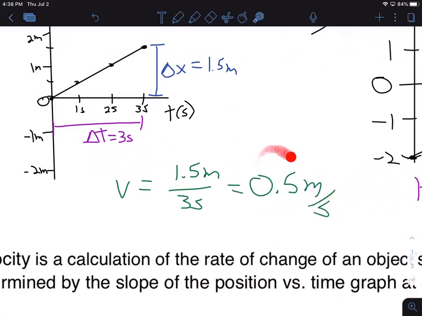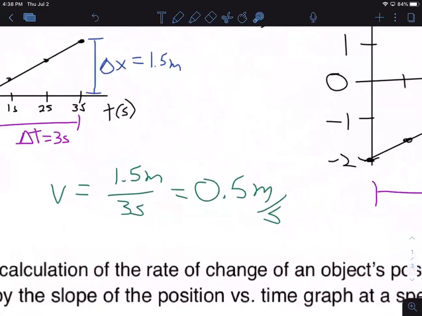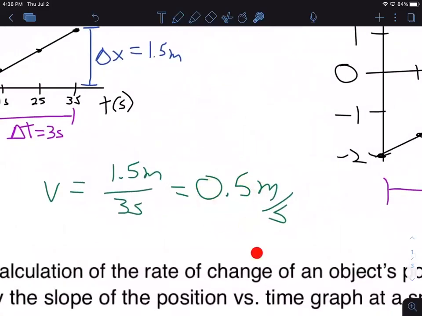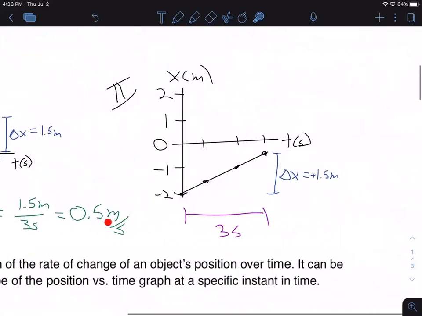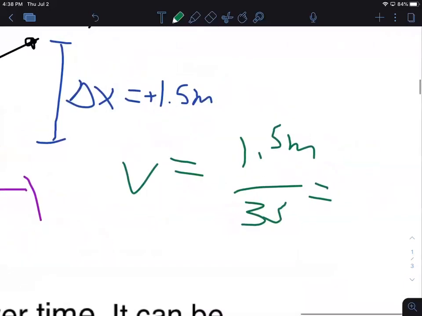Notice this is a positive value at a positive slope because my buggy was moving in the positive direction. It was getting 0.5 positive meters every second. Same deal here. Notice, even though I chose a different origin, my velocity is still 1.5 meters over 3 seconds, 0.5 meters per second.